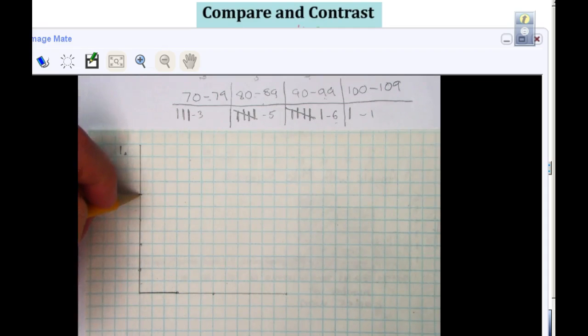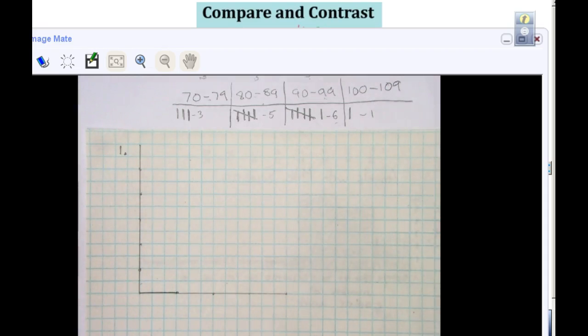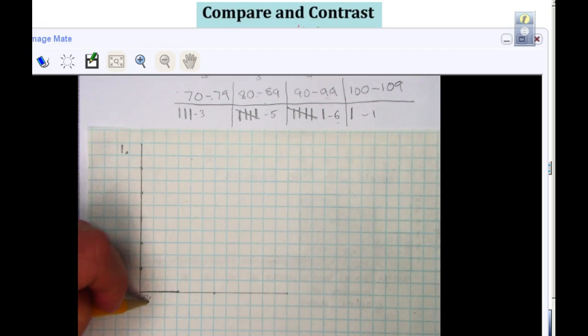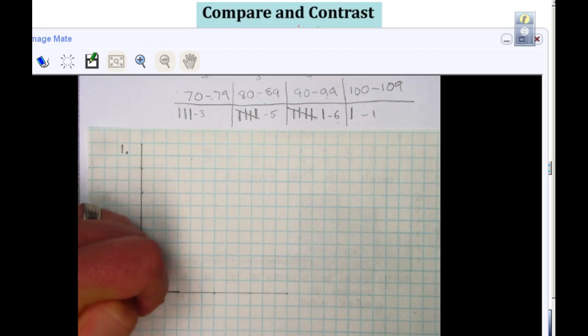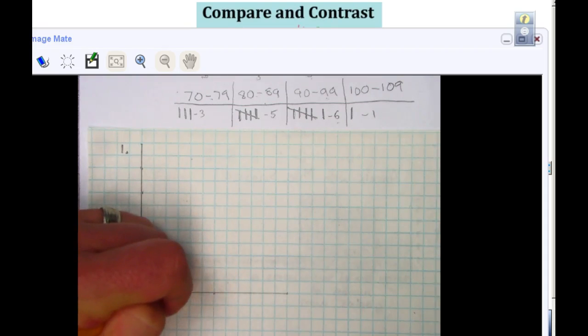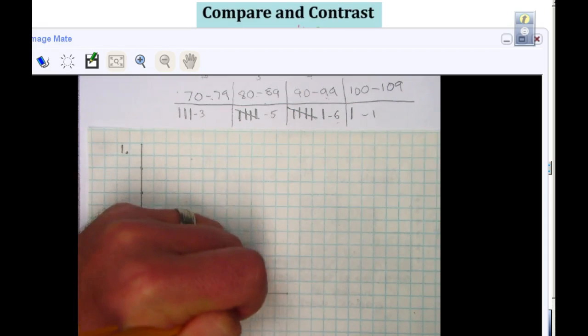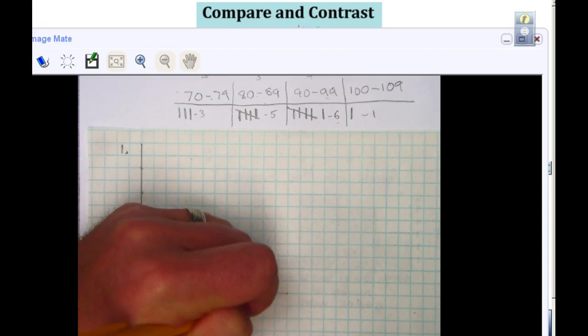So, kind of like the box plot, the first step is to get the scale right. You've got to figure out what you're counting by vertically and horizontally. Let's go ahead and put in our intervals. We've got 70 to 79 here, 80 to 89 here, 90 to 99, and 100 to 109.